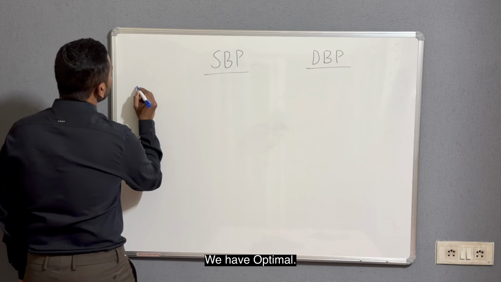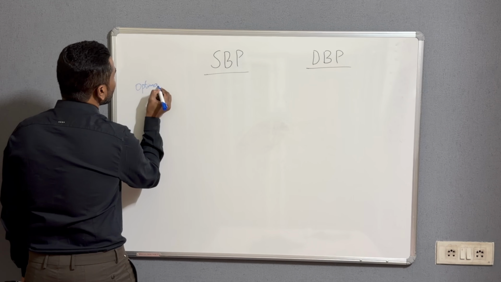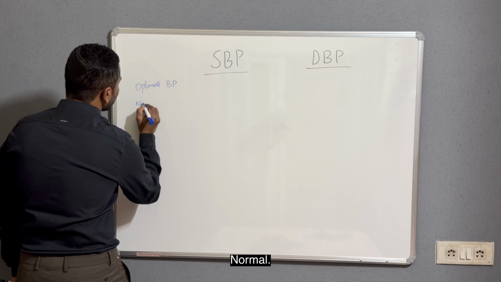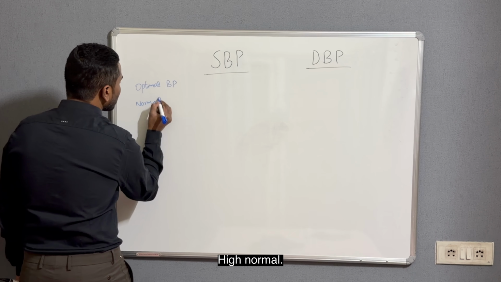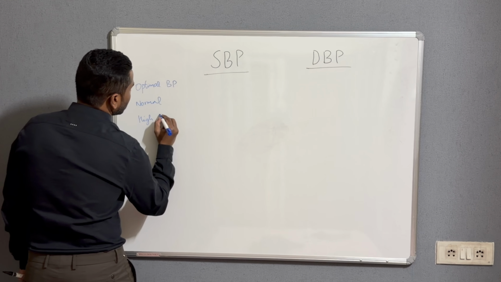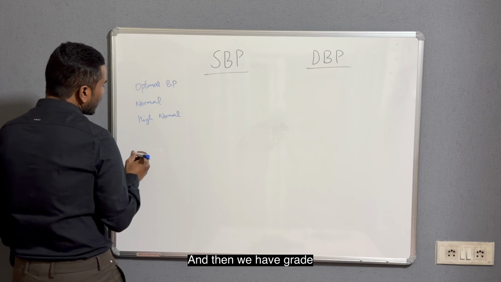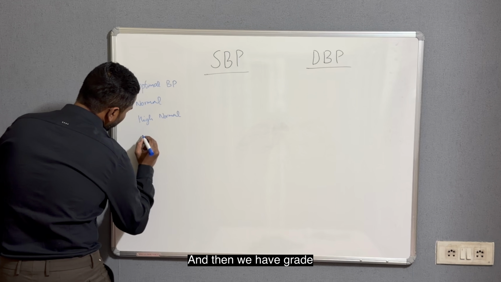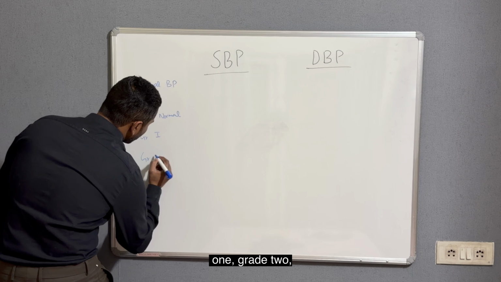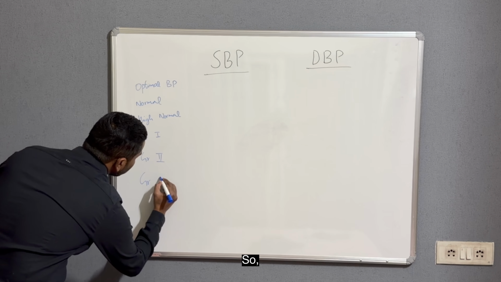We have optimal, normal, high normal, and then grade 1, grade 2, and grade 3.